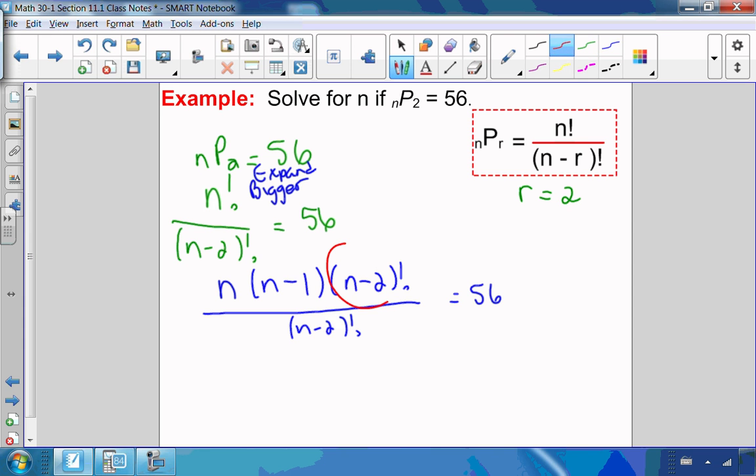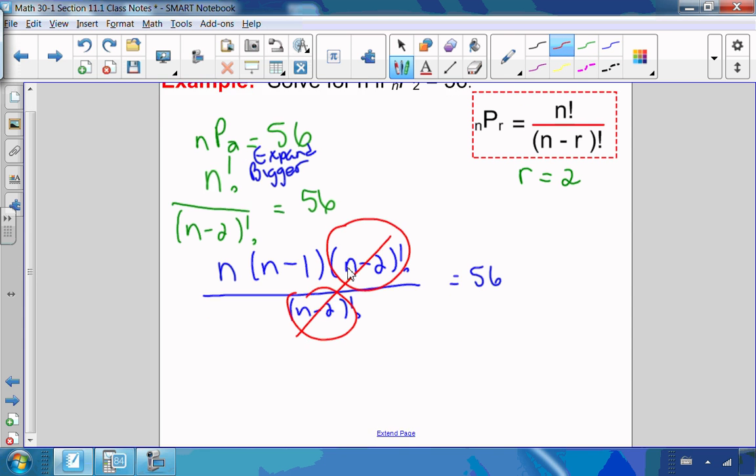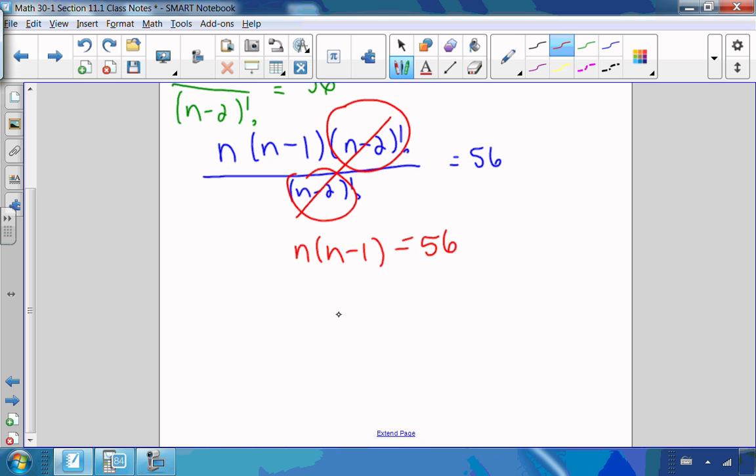Since I have a match, n minus 2 factorial over n minus 2 factorial cancels to be 1. I have n times n minus 1 equals 56. Applying the distributive property, n squared minus n equals 56. I have a quadratic, so I'm going to set it to 0, and then I just factor. So n minus 8, n plus 7 equals 0.